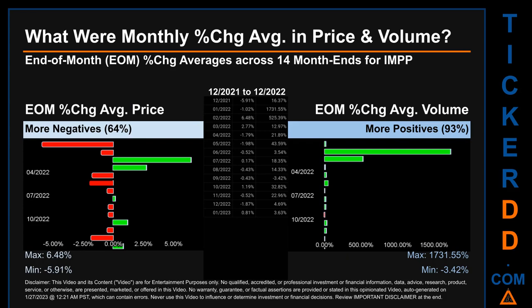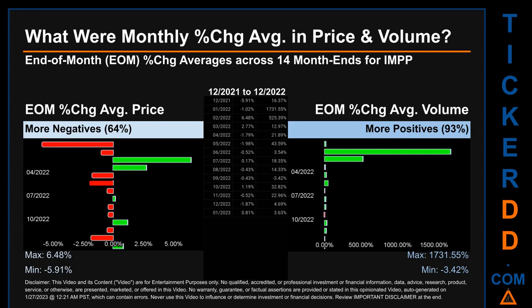From 12/2021 to 12/2022, out of 14 month ends, 9 had a negative percentage change in average price, meaning 64% of month ends saw a negative percentage change in average price. In terms of volume, 13 out of 14 month ends had a positive percentage change. That is, 93% of month ends saw a positive percentage change in average volume.